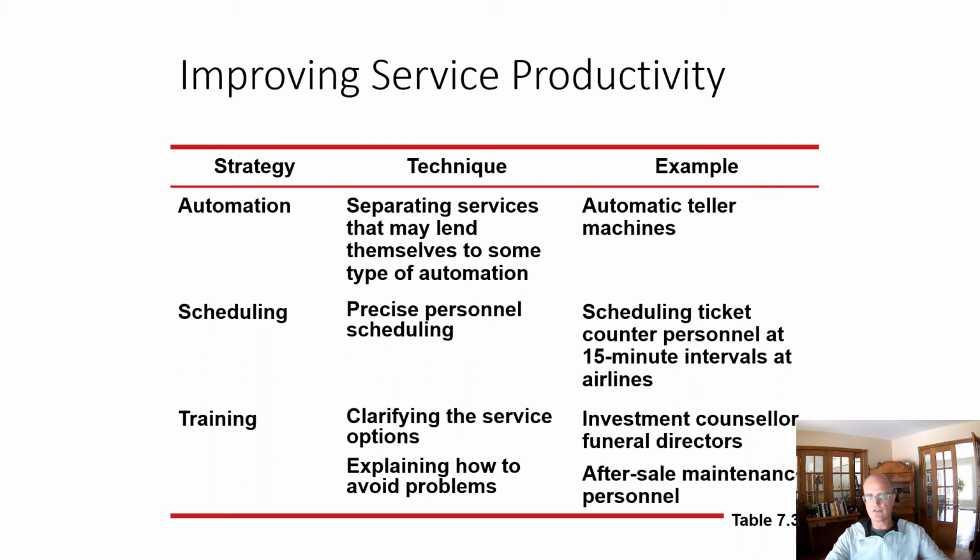Automation, obviously, the degree to which we can automate some services. ATMs at the bank, as an example, means that the customer in that circumstance is providing more of the work, and we can then provide service more effectively and productively. Scheduling, so that we don't have people coming in randomly, as we talked about in queuing theory.